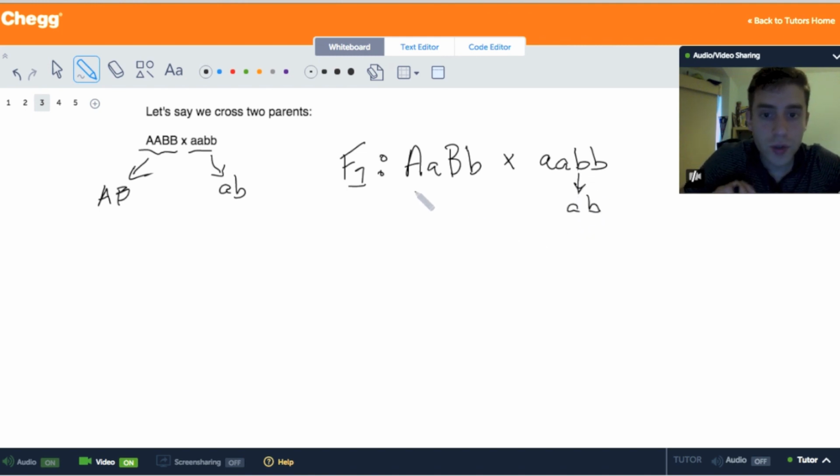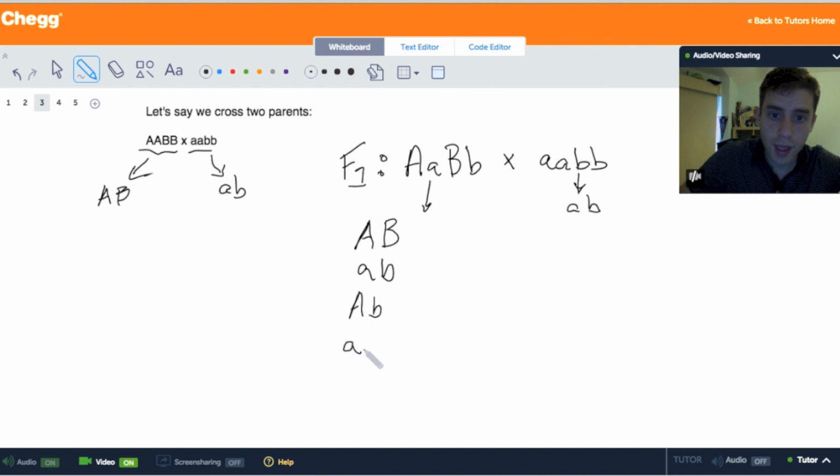And if we were to assume that these genes are not linked and assort independently according to just classic Mendelian genetics, the F1 individual can make gametes big A, big B, big A, little b, little a, big B, and little a, little b, all of which will be at an equal probability. So we'll have 25% of this, 25% of this, and so on.